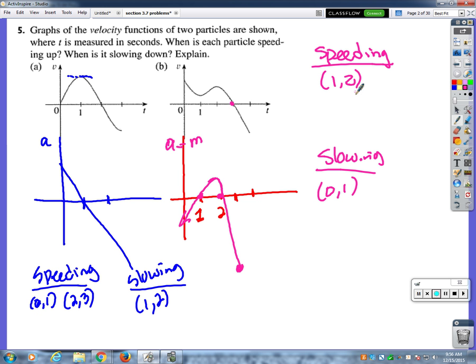And then from 2 to 3, they're opposite, because from 2 to 3 this one is positive but this is negative, so they're slowing down. And then from 3 to 4, they're both negative, so they're speeding up. That's crazy, and it's physics, and so it's smooth, but you know, it's in there.